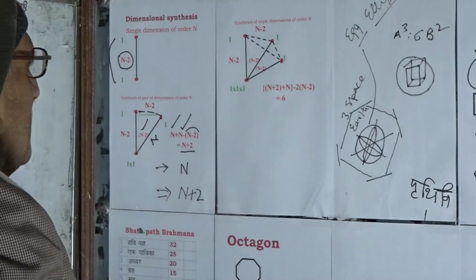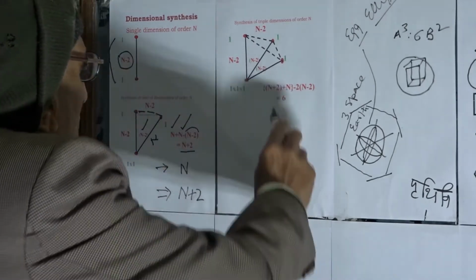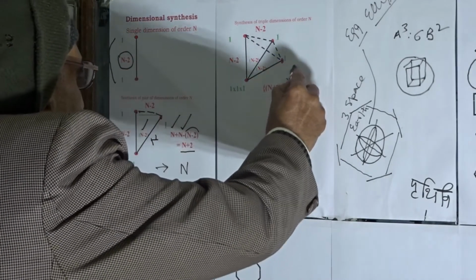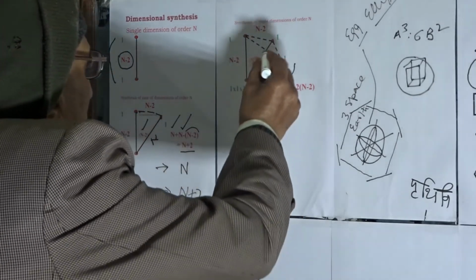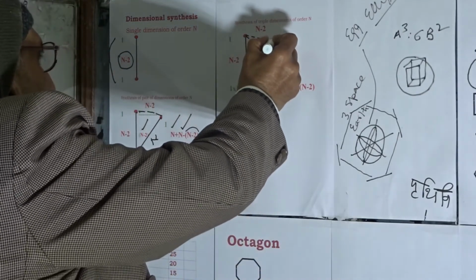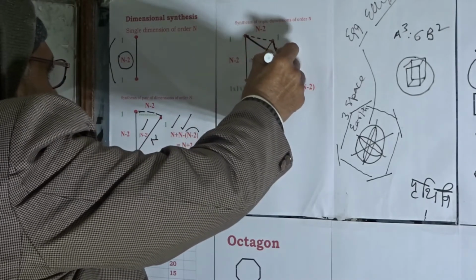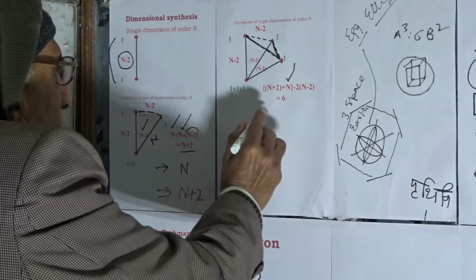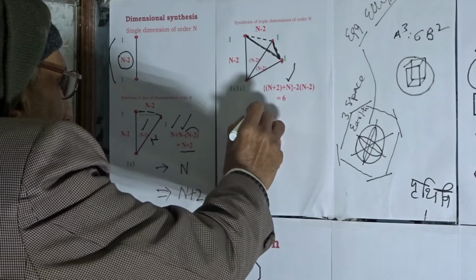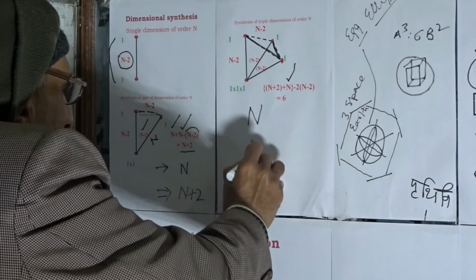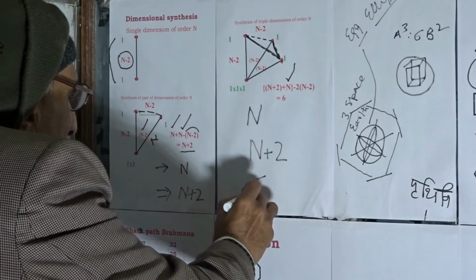If we add a third dimension, then this value n plus 2 will have additional value n because of the third dimension, but then we have to fill a pair of gaps, and it will require a value 2 into n minus 2, and the summation value will be 6. Therefore single dimension gives us value n, pair of dimensions give us value n plus 2, and the triple dimensions give us value 6.